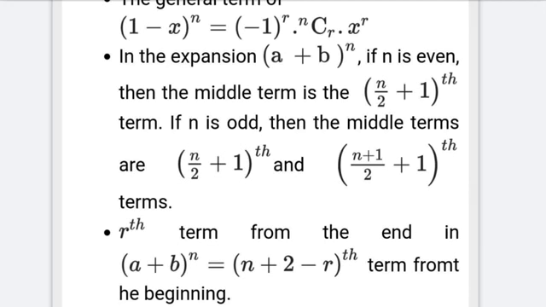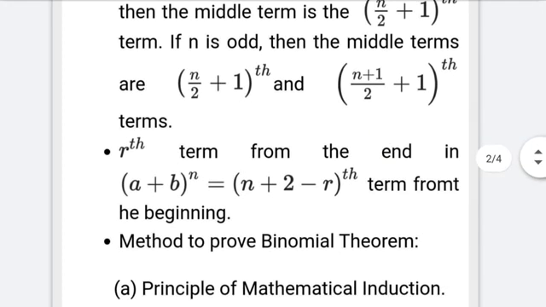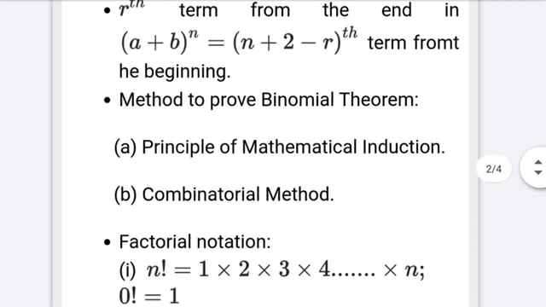And if n is odd, then the middle terms are the (n+1)/2 th and ((n+1)/2 + 1)th terms. Now, the rth term from the end in (a + b)^n is the (n + 2 - r)th term, right. Next, we are talking about the methods to prove the binomial theorem. There are basically two methods which we are using: principle of mathematical induction and combinatorial method.